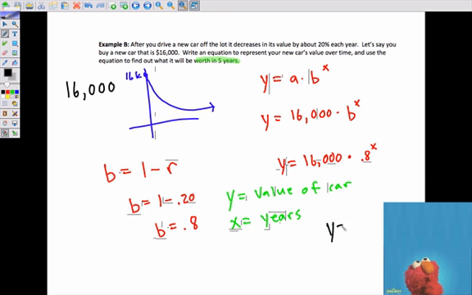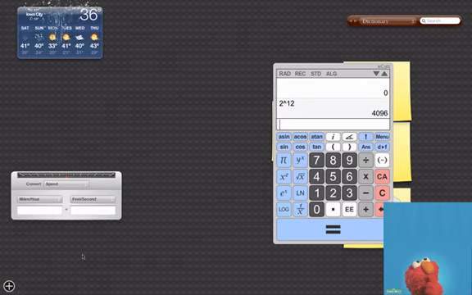We're going to get y equals 16,000 times 0.8 to the 5th. I don't know what 0.8 to the 5th is off the top of my head, believe it or not. So 0.8 to the 5th is 0.32768.